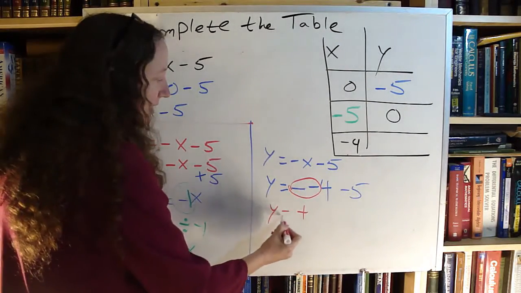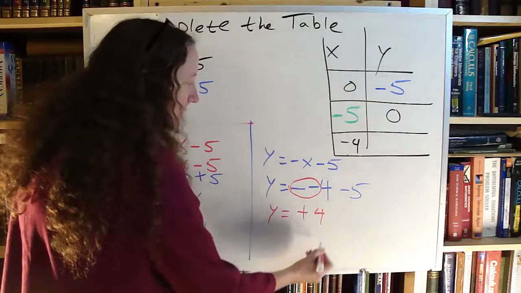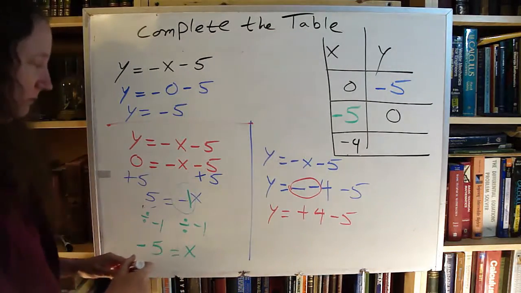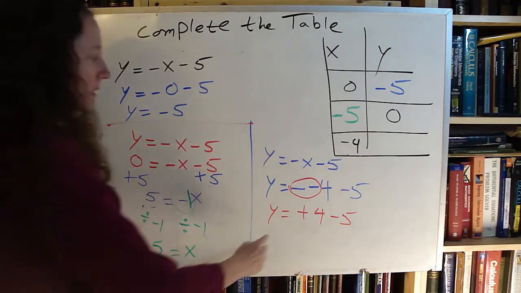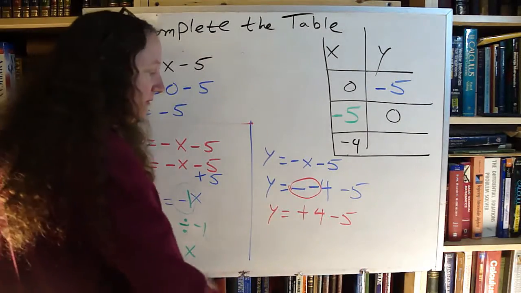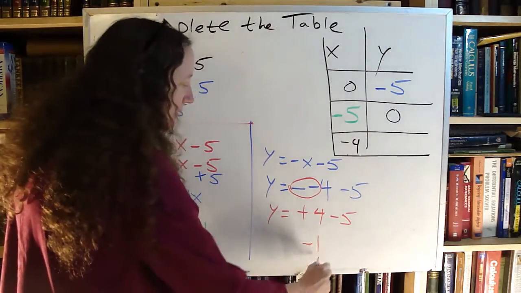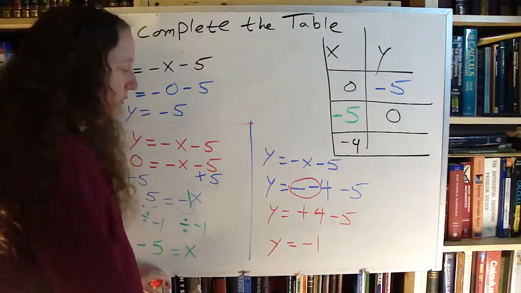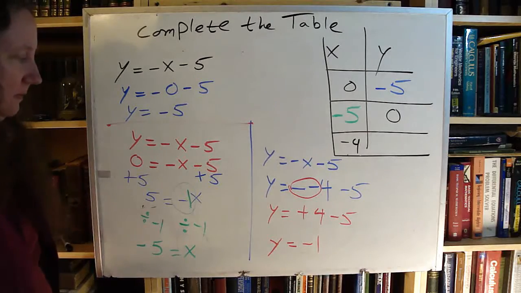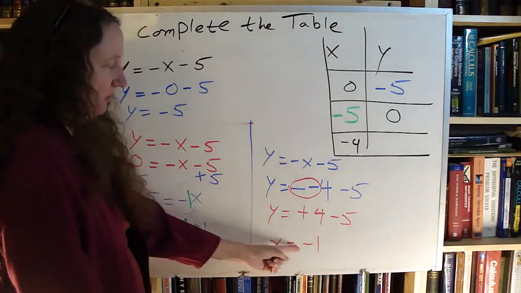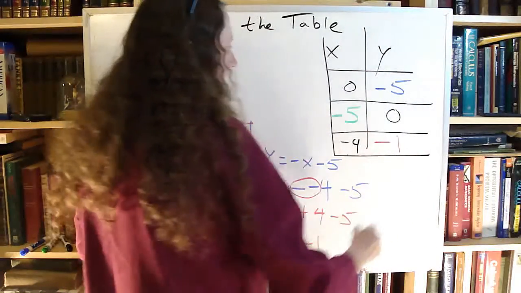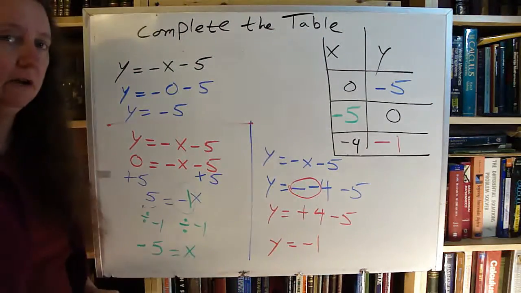So we have y is positive 4 minus 5. 4 minus 5, negative 1, is y. Take my answer up to there, and I finished my problem.